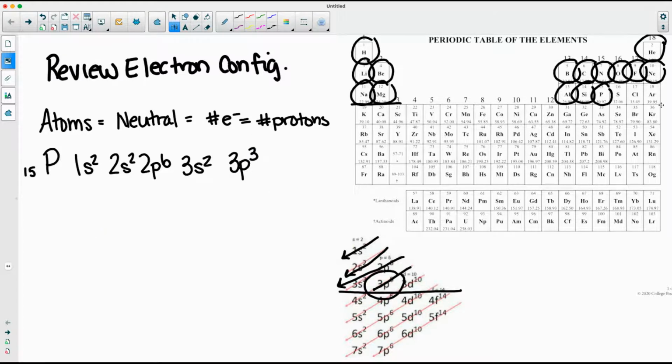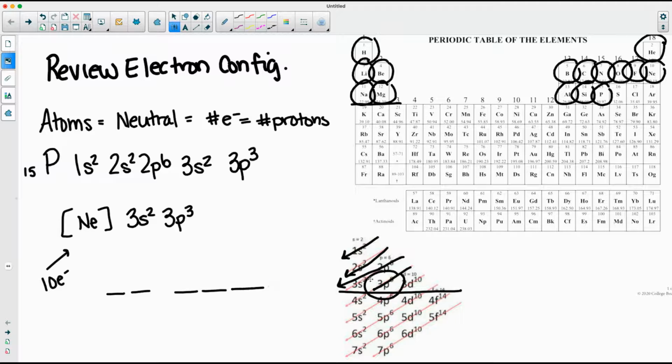Now, the noble gas that has an atomic number less than 15 and closest to it is neon. That represents the first 10 electrons, which means we need 5 more, and the other 5 would be the 3s2, 3p3.